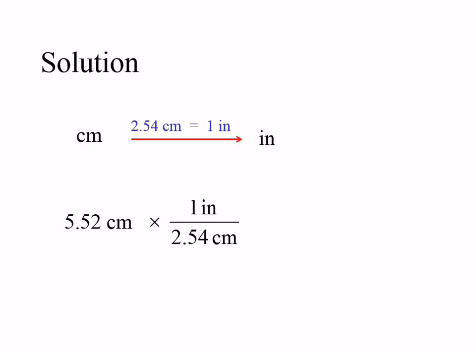But like I said, this is where I would usually put this term over 1. So how do we need to round it? Significant figures, 3 sig figs? That's what I get too. I get 2.17 inches.